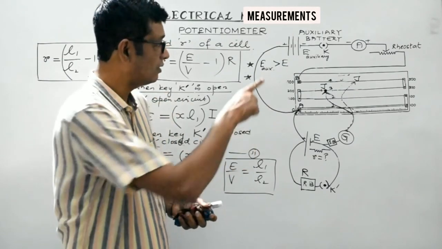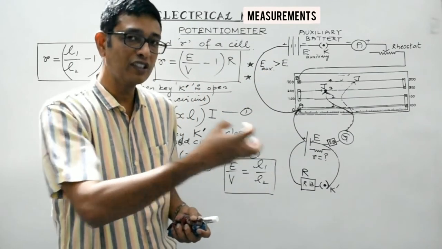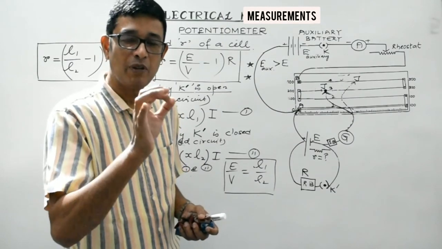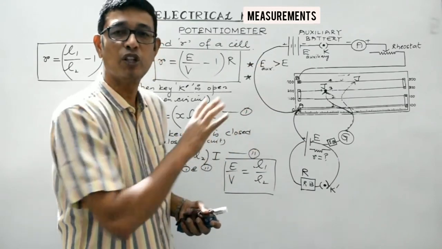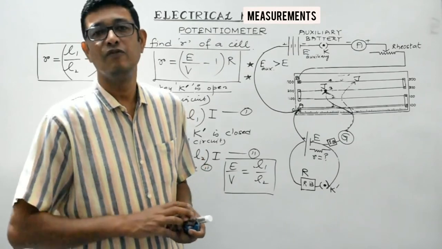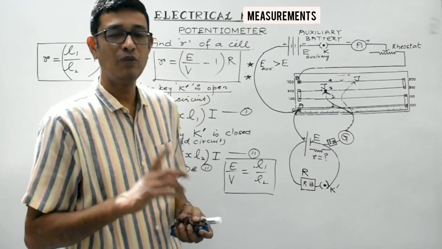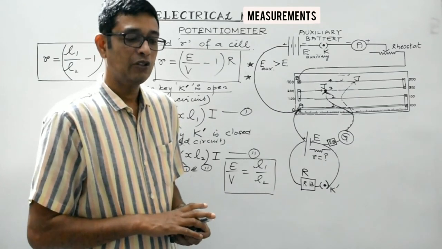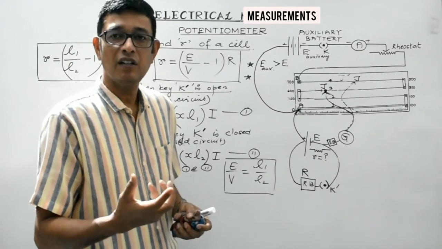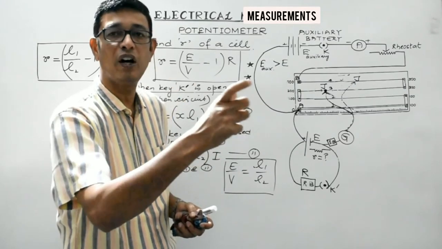On the other hand, the potentiometer is based on the balancing method. It does not draw any current from the cell whose EMF it measures. So measuring EMF using a potentiometer is much preferable to using a voltmeter. And one more thing, students: you will prefer that potentiometer where the potential drop across any portion of the wire is small.